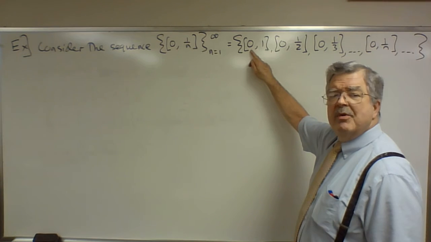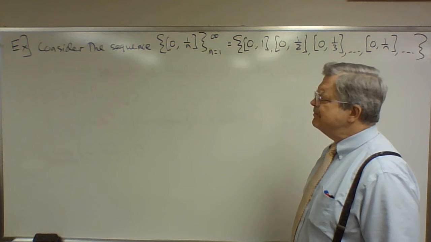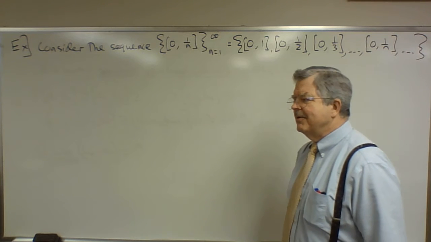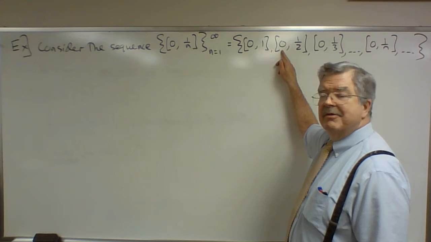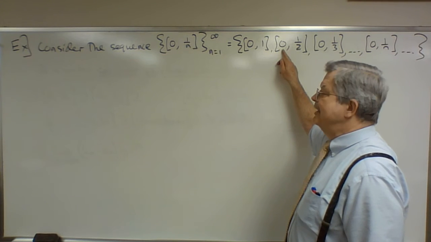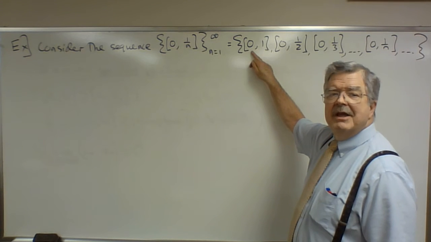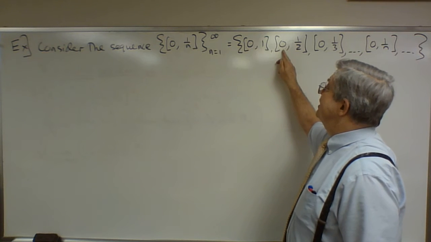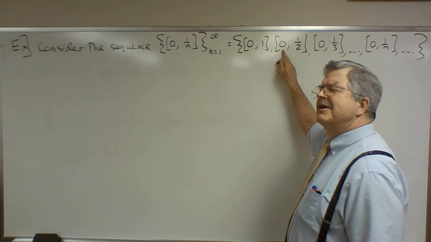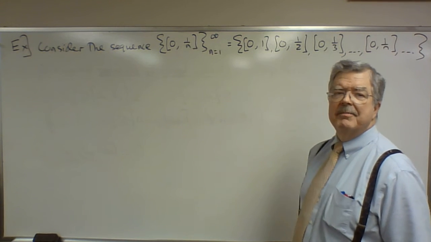Notice that the left endpoint of every interval is 0. So the left endpoint of one interval is the same as the left endpoint of the interval that came before it. So every interval's left endpoint is contained in the interval that came before it.